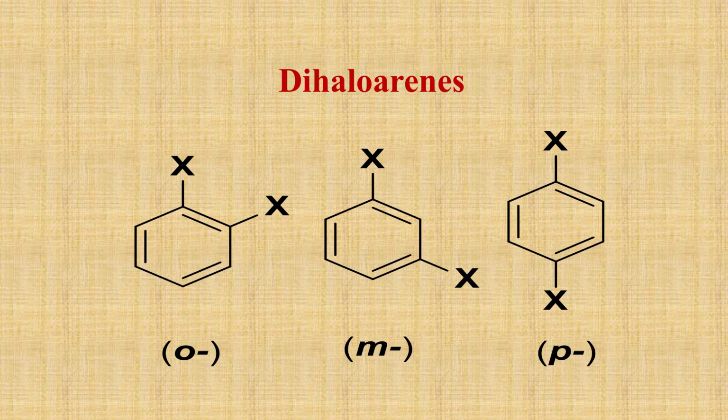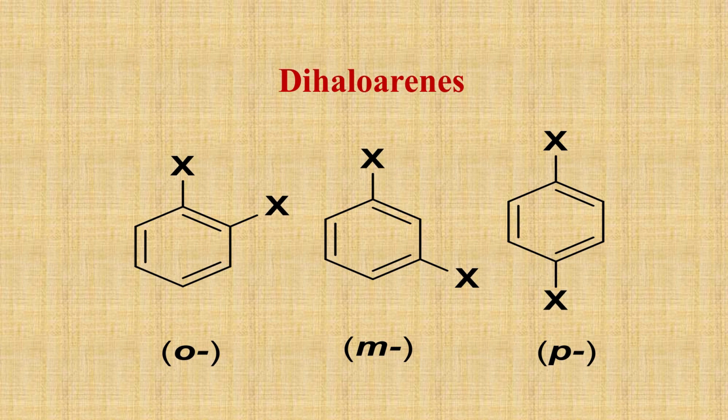Therefore, you can only attach 1 halogen. Look at the structure, 2 halogens are present at adjacent positions. In the next structure, 2 halogens are at the 1,3 position. If you number the carbons, in the last one the 2 halogens are at opposite positions, the 1,4 position.